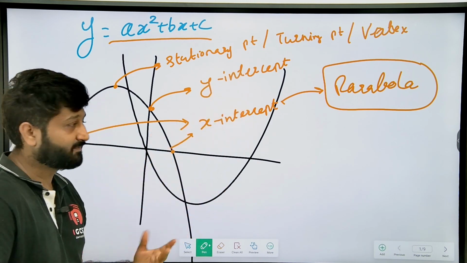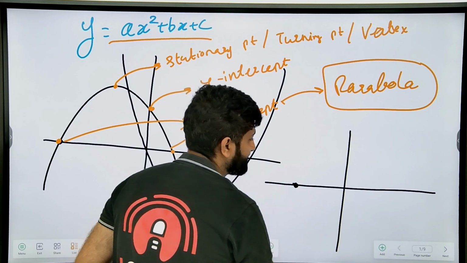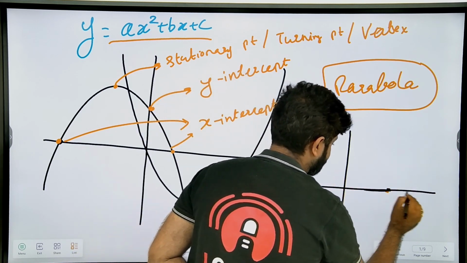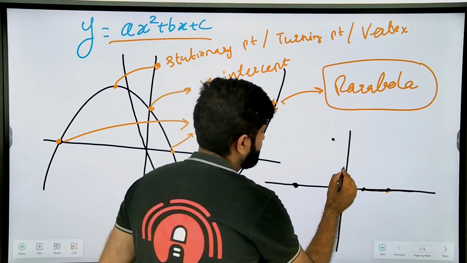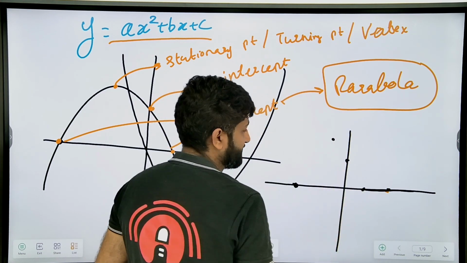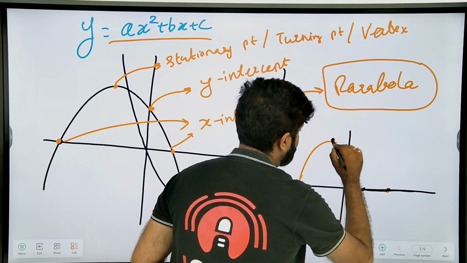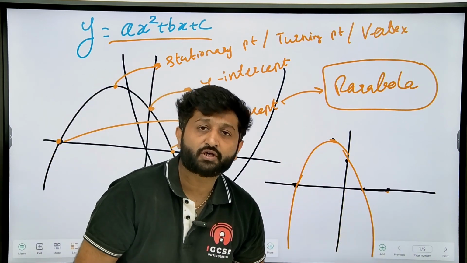Y-intercept and x-intercept. Somehow, if I know, let's say this is my x-intercept, this is my y-intercept, and this is where my turning point is. So using these 4 points, I can simply draw a U-shaped curve.